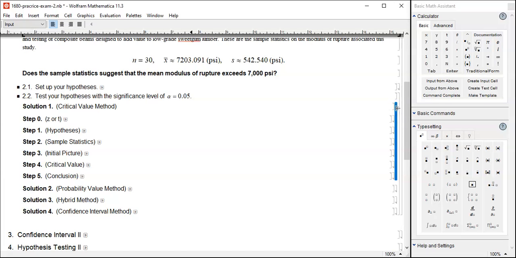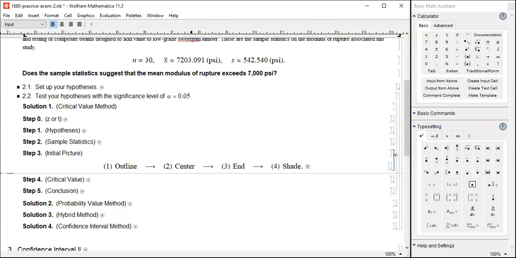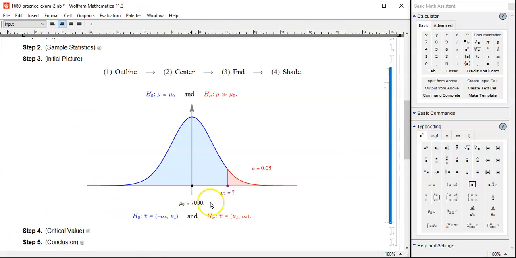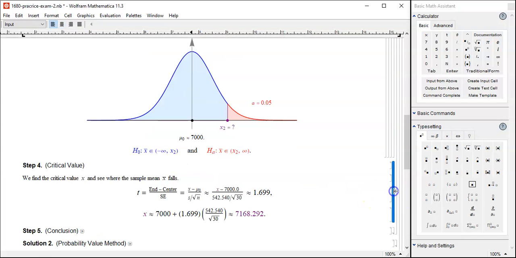In my opinion, the best is this one. Let's see. The initial picture looks like this, centered at the null, all right? And then just find the critical value. Mu is greater than mu0, so it's the right-hand side, and we find it using the typical t-score formula. Observed mean minus center over SC is a t-score, which you can find from the t-table, 1.699.